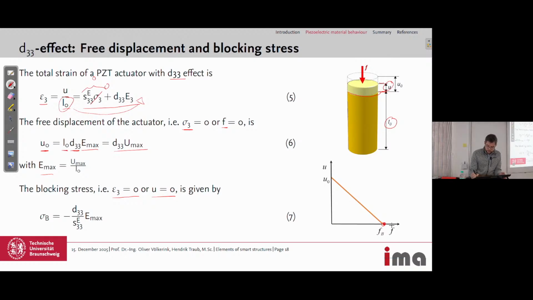And if we take equation 5 again and set the strain to 0, then we come up with this equation for the blocking stress. Now we can calculate the achievable blocking stress from the characteristic values of the piezoceramic, the D33, the maximum field, as well as the compliance of the material.